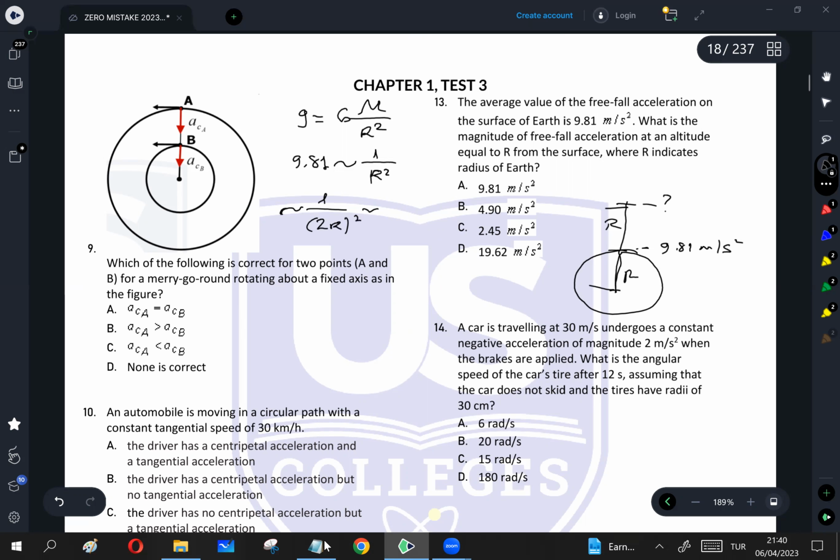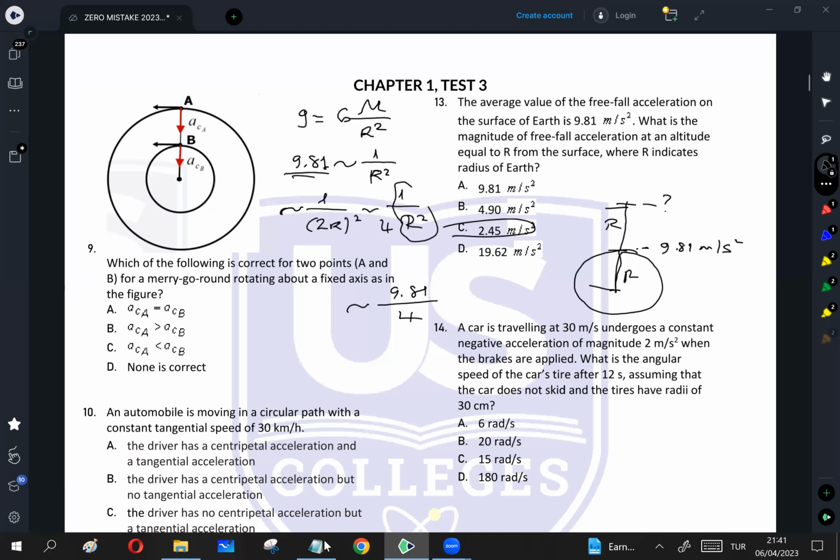So it's going to be 1 over 4r squared. This 1 over r squared gives 9.81, as you see. I will insert 9.81 in place of 1 over r squared, because 4 is in the denominator. 9.81 divided by 4 is going to be 2.45 meters per second squared, the acceleration at a distance of 2r from the center.